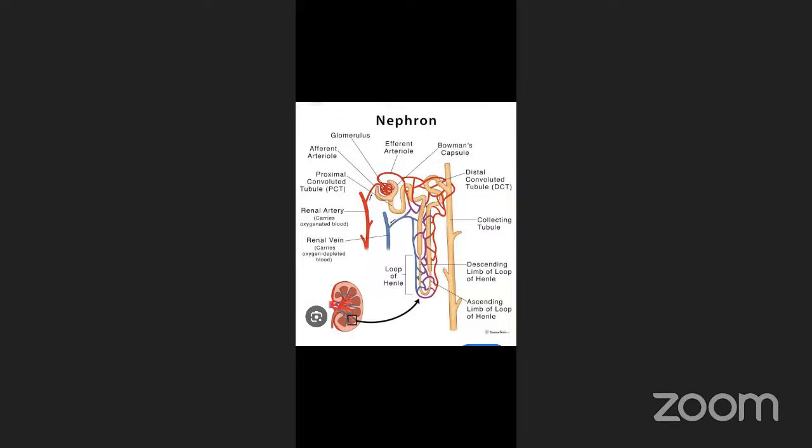And therefore, it will cause less or no reabsorption of salts back to the bloodstream. In this case now, it will cause more salts to be released as part of urine. So there'll be release of a higher concentrated urine with more salts.